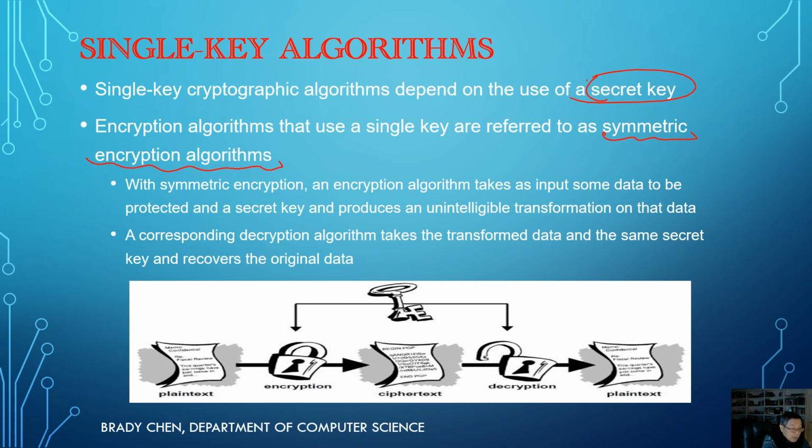In these algorithms, both parties use the same private key. Let's say we have a sender and we have a receiver. And here is the key. It's a secret key, and it could be a sequence of numbers.